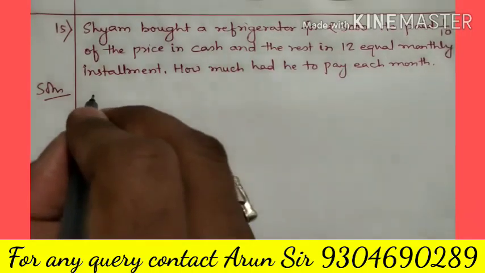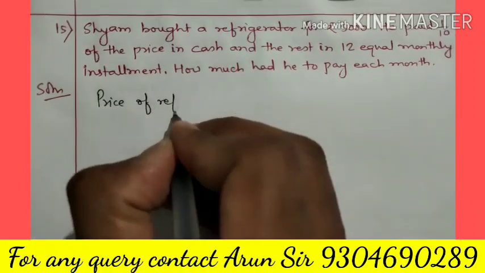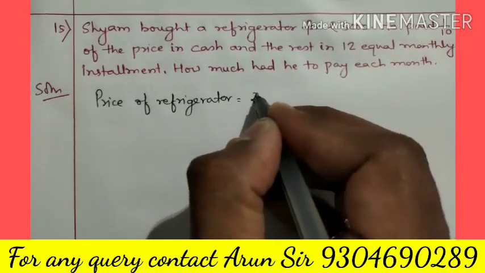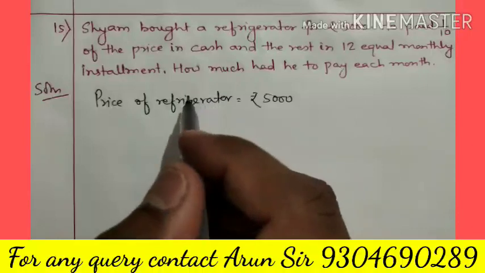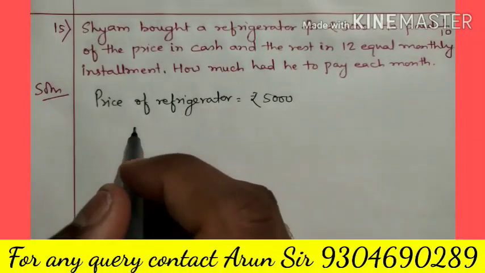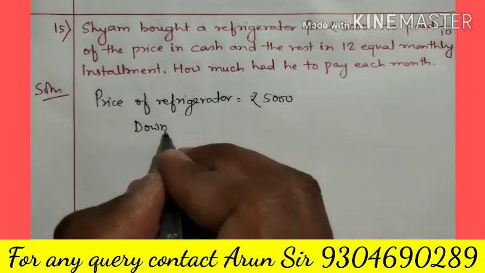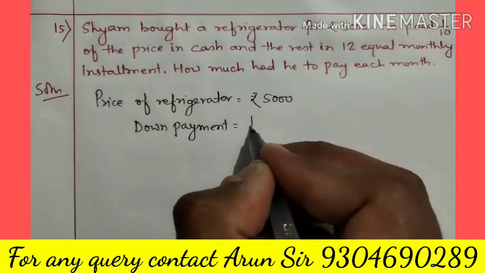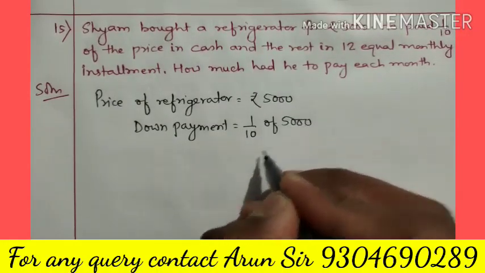First we will write price of refrigerator. Price of refrigerator is equal to 5000. He paid 1 by 10. At the time of purchasing, he paid 1 by 10 of the price. That price is called down payment. We will write here down payment is equal to 1 by 10 of total price, that is 5000.